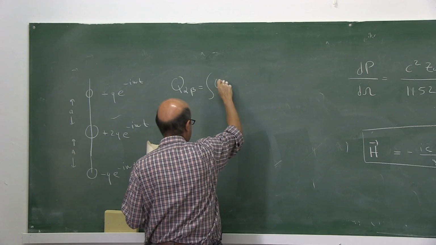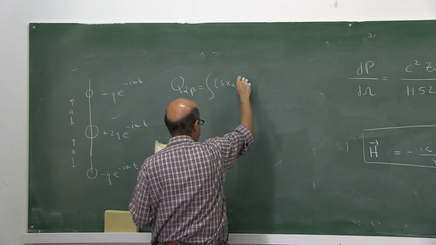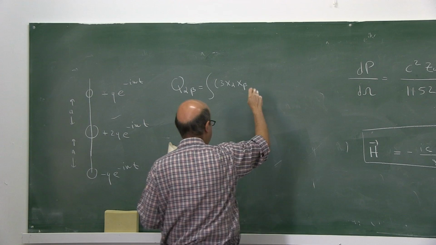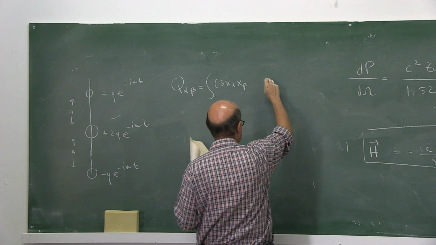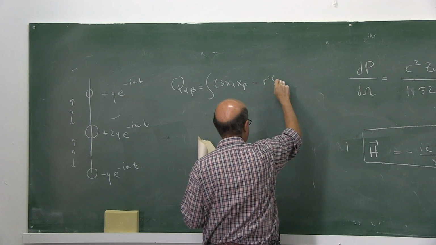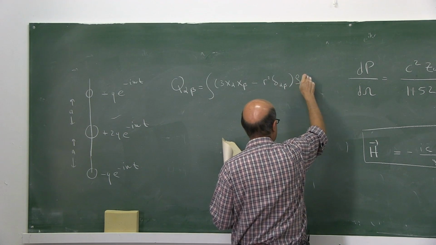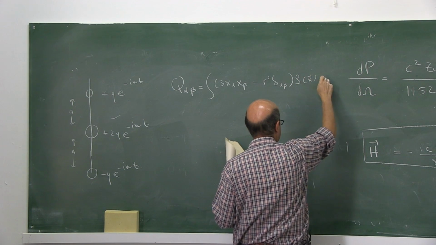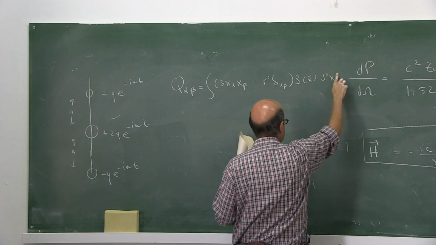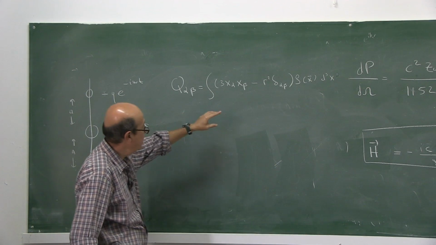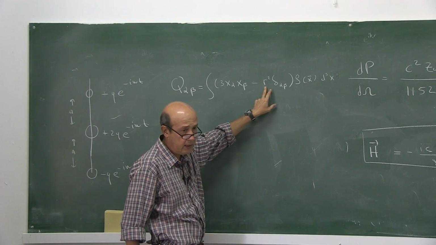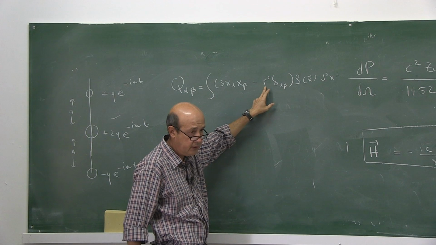3 x alpha x beta minus Kronecker delta alpha beta r square, times the charge density, d cube x prime. One thing here, I write r square instead of x square, because r square defines the location of the charge.